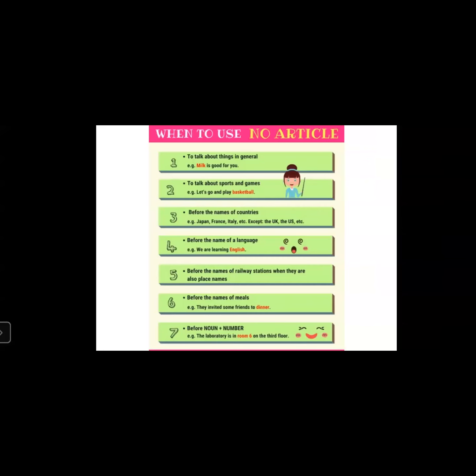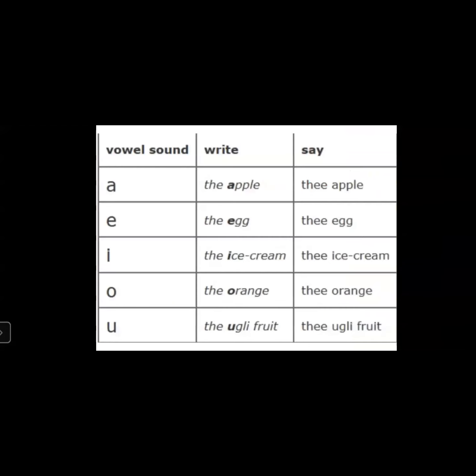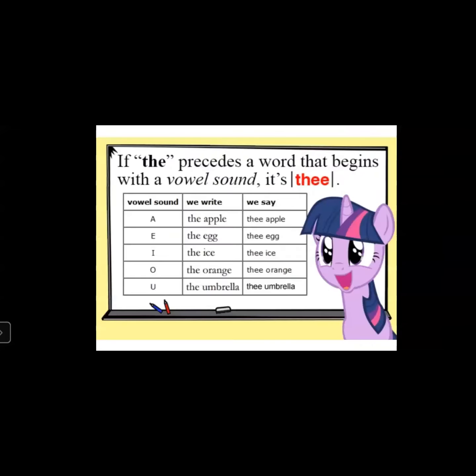Now children, we will see here the difference between 'the' pronounced as 'thuh' and 'the' pronounced as 'thee'. If the word precedes a word that begins with a vowel sound, that time we have to pronounce it as 'thee'.